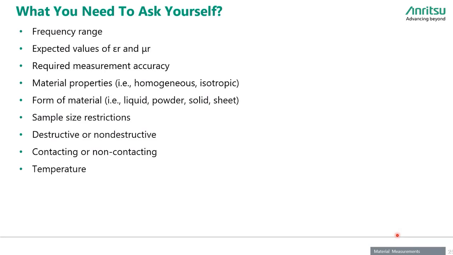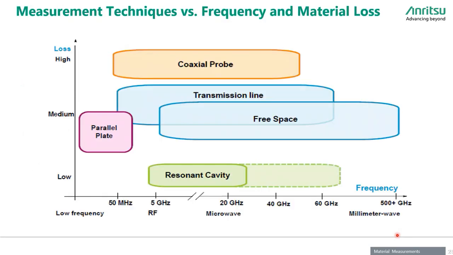Now, this is a graph which tells us about the different measurement techniques which we discussed versus the frequency and material losses. If you see the losses, the coaxial probes have more losses as compared to resonant cavity. Like I said, resonant cavities are more precise and more accurate. The limitation with resonant cavity is that it is based on spot frequencies. It is not a broadband system.